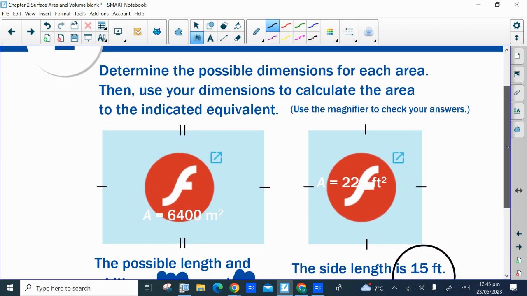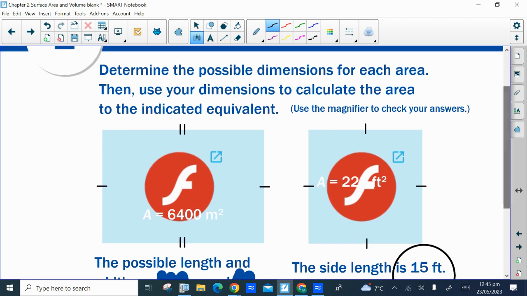All right, so this next one says determine possible dimensions for each area, then use the dimensions to calculate the area. Well, in this case, you are given that the area of a rectangle is 6,400 meters squared. Area of a rectangle is found by multiplying length times width.